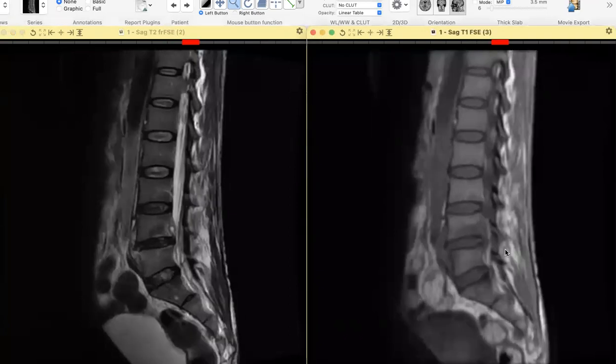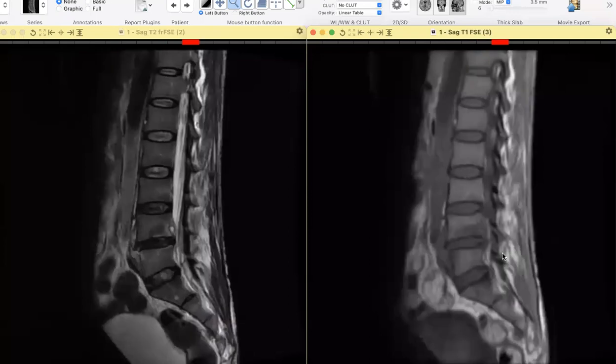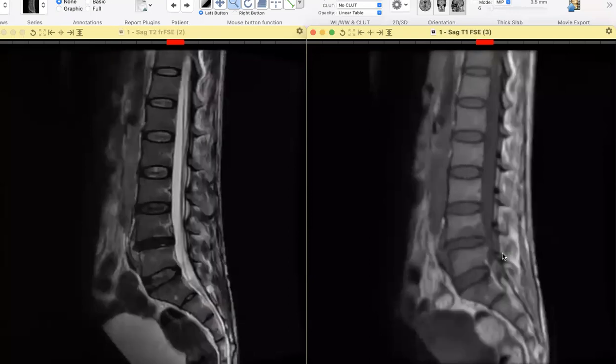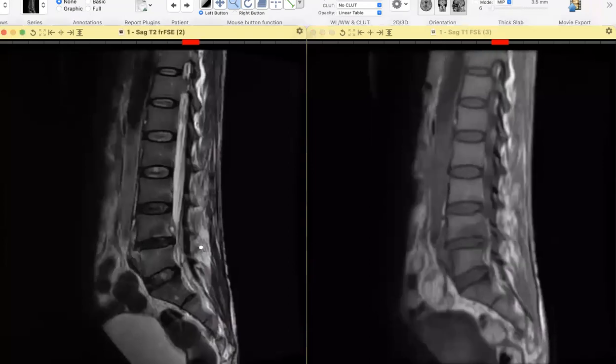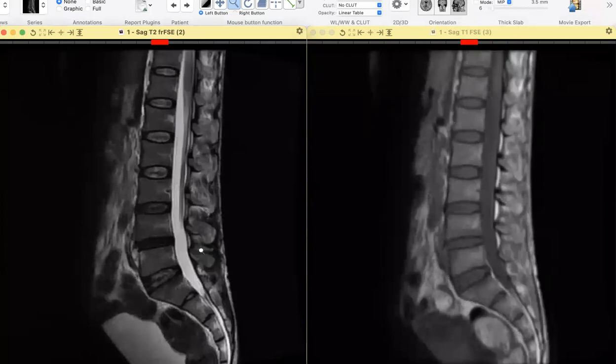The vertebral heights appear to be relatively preserved, though there are desiccatory changes seen at L3-L4 and L4-L5 vertebral bodies. The marrow signal change at the inferior endplate of L4 doesn't show any change on T2 sequences.